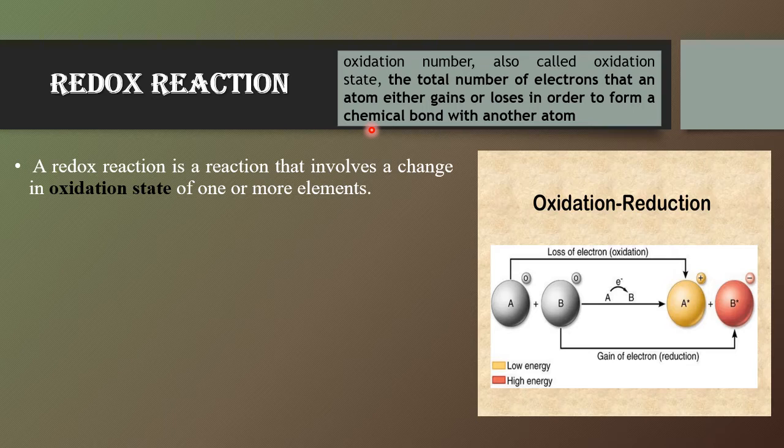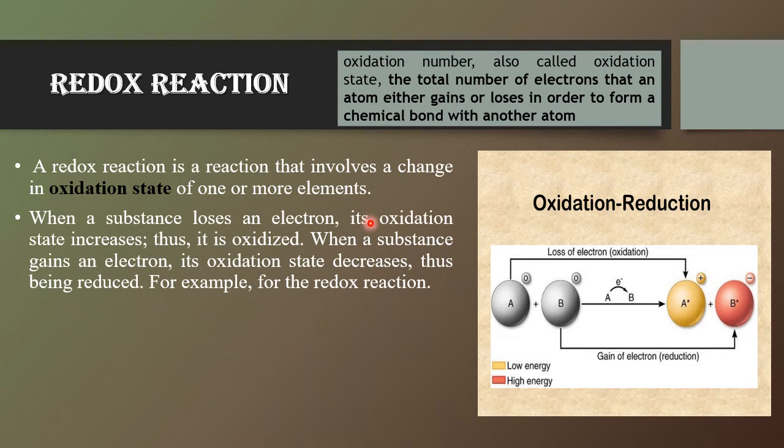So during this chemical change, their oxidation number will change. The oxidation number of one species is going to increase, and for the other it is going to decrease. The species which loses an electron, its oxidation state will increase, because oxidation is that process in which electron is lost by the chemical species. And the species that gains the electron, its oxidation number will decrease, because it is going through the process of reduction.